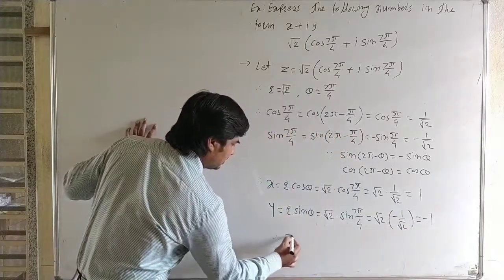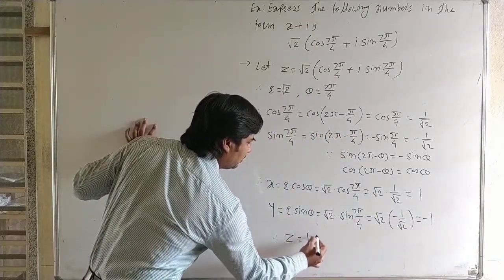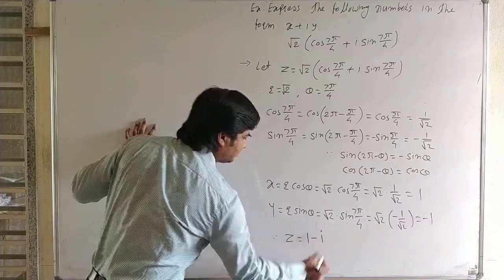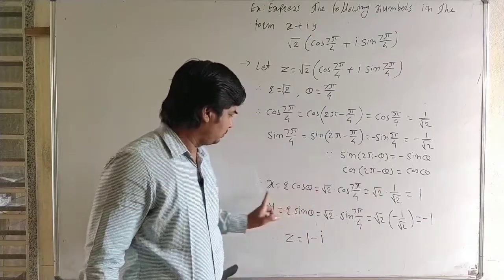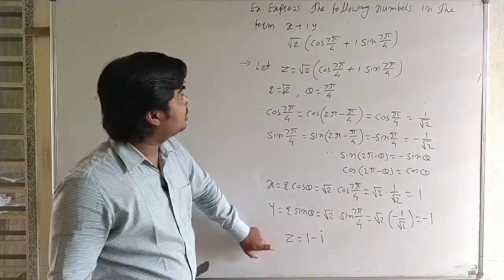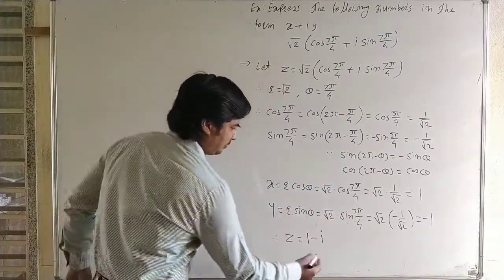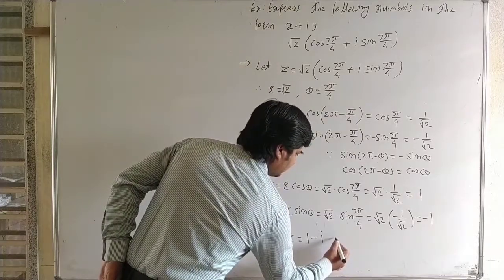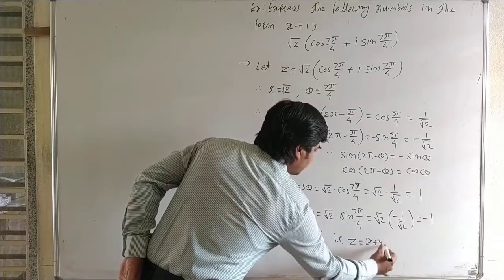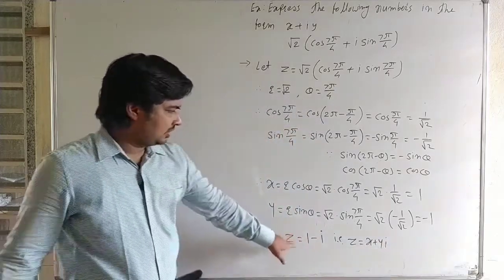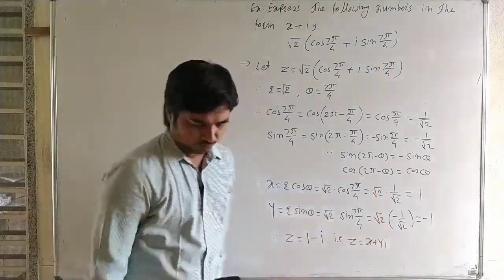Therefore z is equal to 1 minus i. x is 1 and y is minus 1, in the form z is equal to x plus iy.